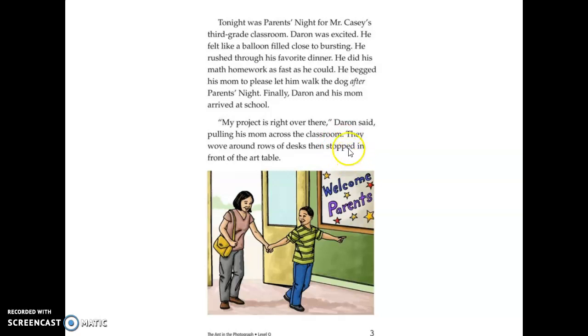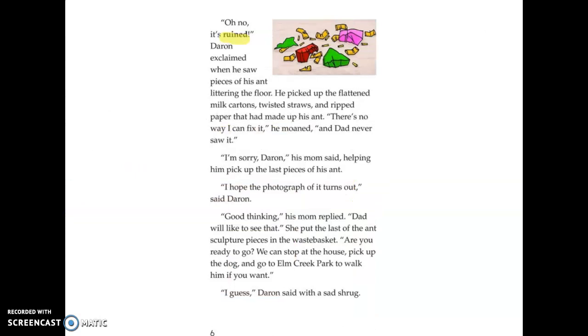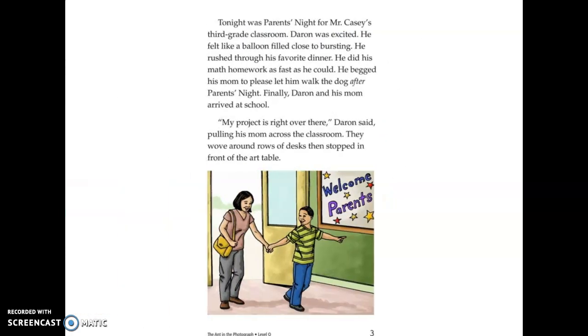Okay, so now reading pages 3 through 6, you should be able to already identify the characters and the setting of the story. You can also make a prediction of what the story is going to be about. So I said I'm going to read pages 3 through 6, and I'm going to model how to retell.